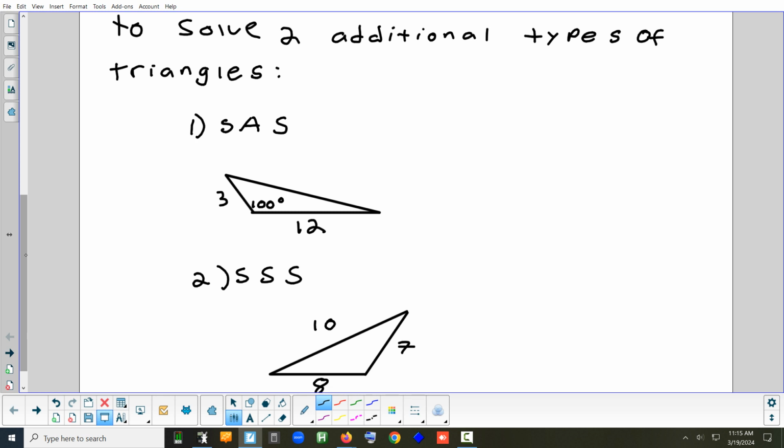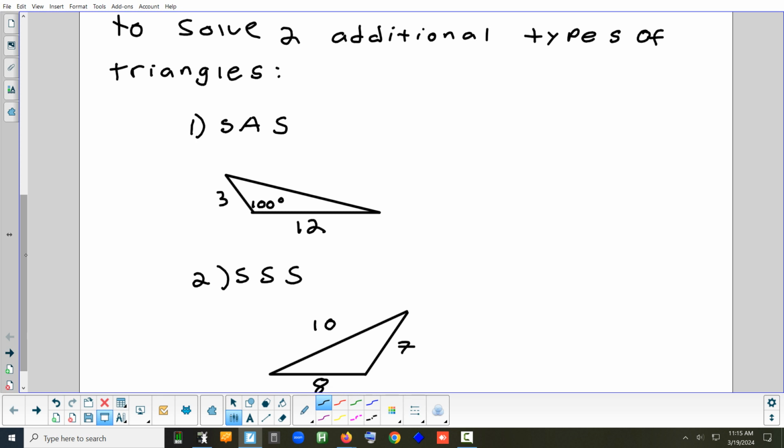Sometimes people ask about angle, angle, angle. That's impossible. If I'm thinking of an equilateral triangle and I told you all my angles are 60, and asked how big each side is, you wouldn't know. It could be 5, 5, 5, or 30, 30, 30.